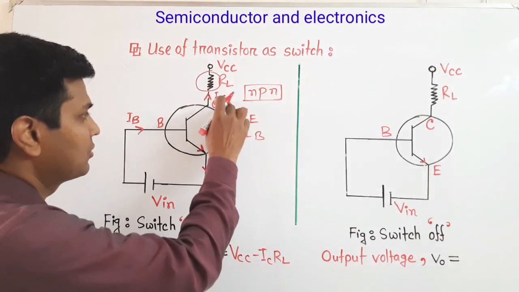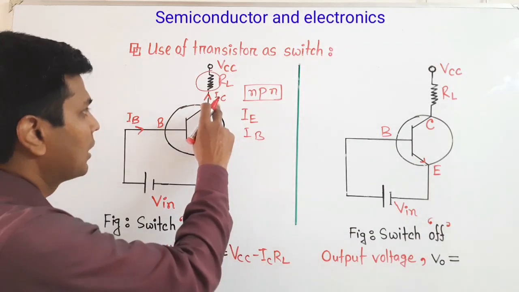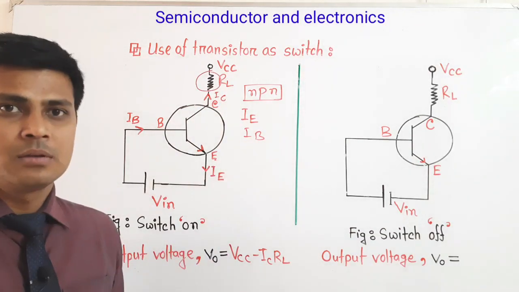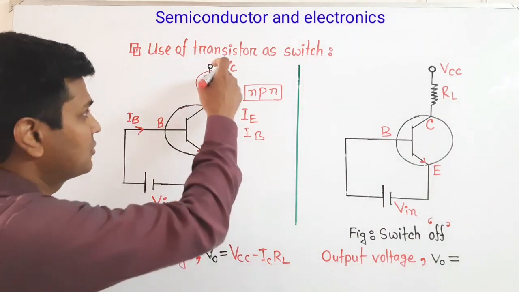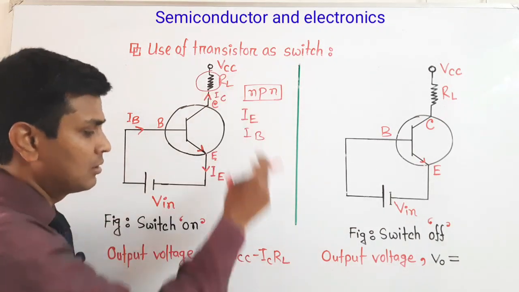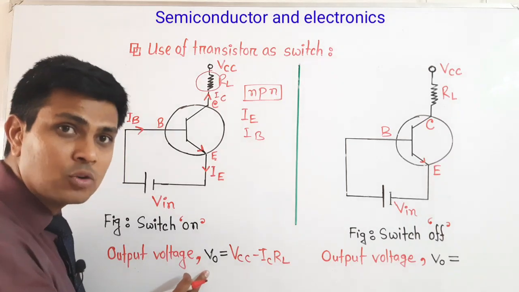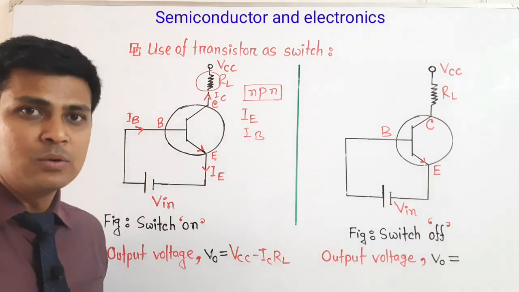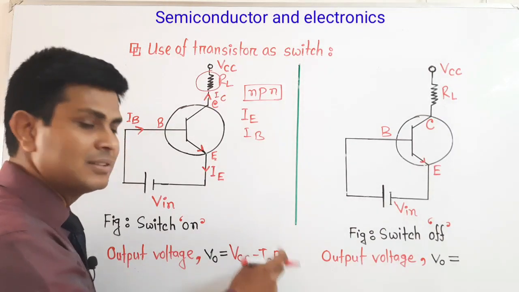If we consider the collector current IC, which passes through the RL, then the voltage across the load will be ICRL. So this is the output voltage, and we get V0 equal to VCC minus ICRL.